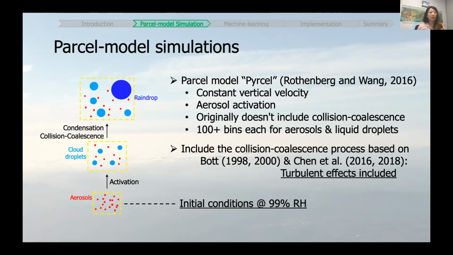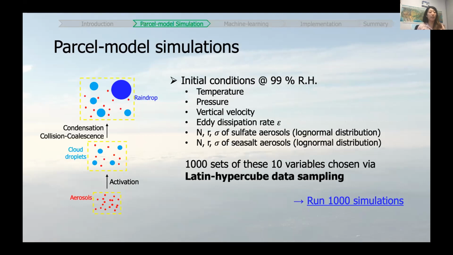And at the bottom, I say initial conditions at 99% relative humidity, because if you go to the next slide, the simulation starts at 99% relative humidity, a subsaturated condition. So there are no cloud droplets, but this initial state was characterized by 10 different variables.